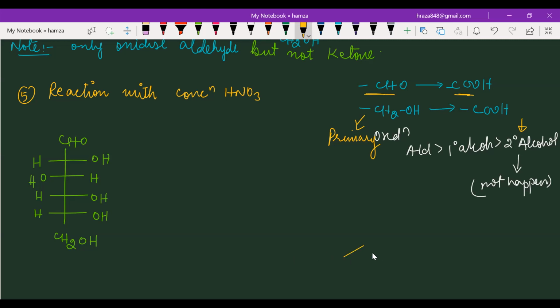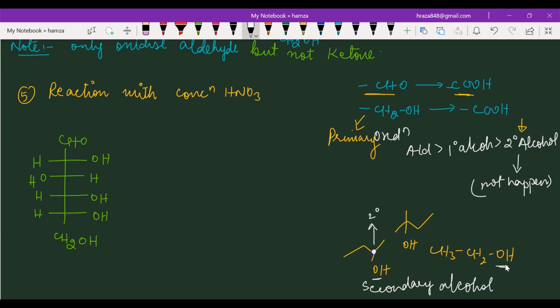Yes. So if you have alcohol like this, and alcohol like this, and alcohol like this, in order to calculate the degree of alcohol, you have to see the degree of the carbon to which the alcohol is connected. You can see this OH is connected to this carbon and it is a 2 degree carbon. So this is secondary alcohol. Are you getting my point?